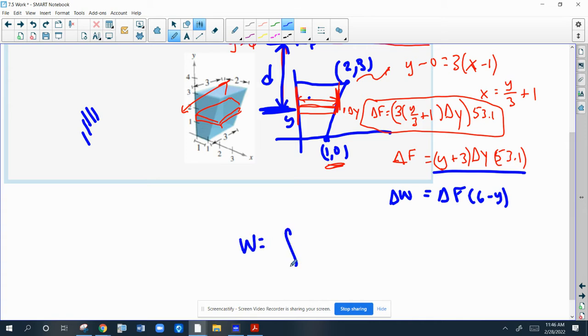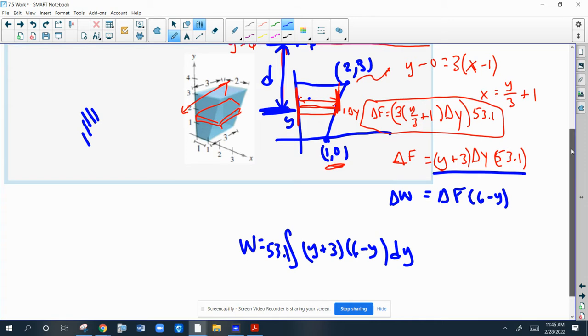So there we go. So the total work is the integral of this. So we have 53.1. We have the y plus 3 here times the 6 minus y here. We have this delta y, which is dy. And now we just have to figure out the limits.